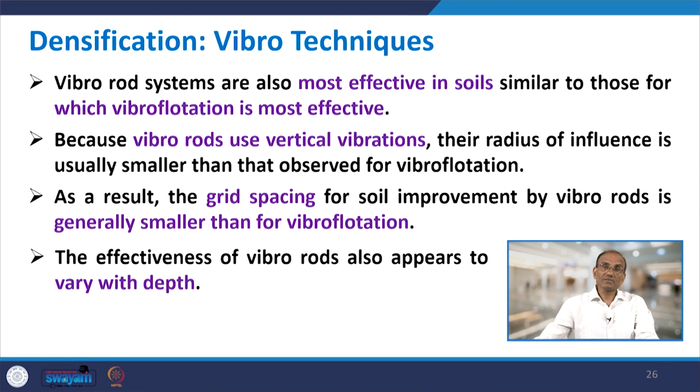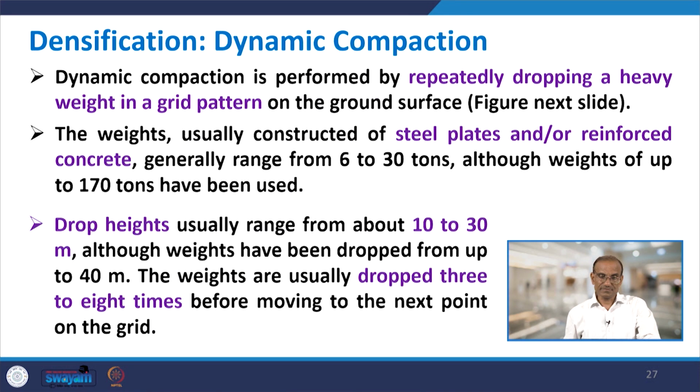So, the grid spacing for soil improvement by vibro rods is generally smaller than for vibro flotation. That means the spacing between two grid points should be smaller compared to that used for vibro flotation. The effectiveness of vibro rods also appears to vary with depth.